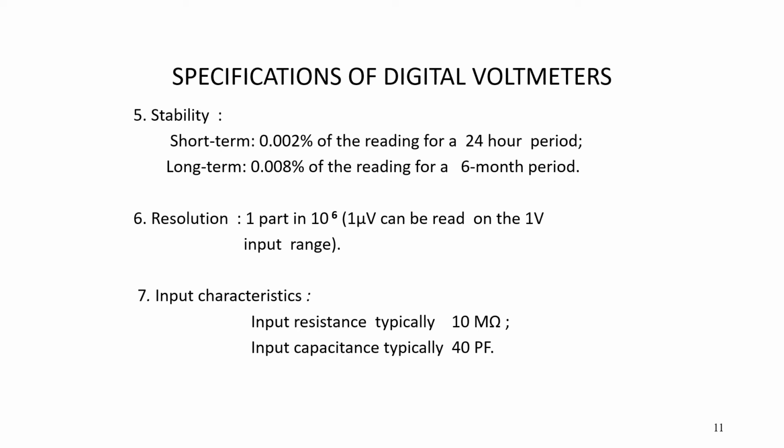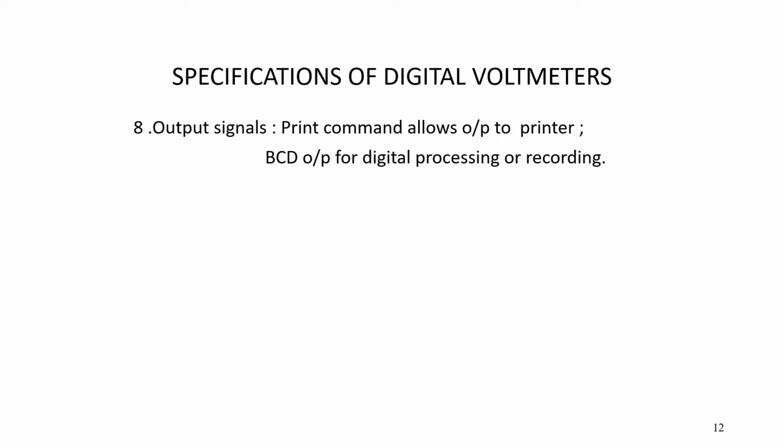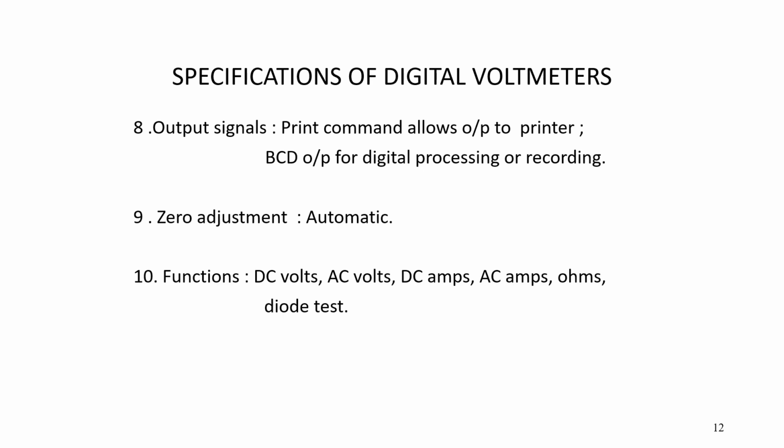The input characteristics: input resistance is typically 10 megaohms and input capacitance is 40 picofarads. The output signals: the print command allows output to a printer, and BCD output for digital processing or recording. Zero adjustment is automatic. When no signals are connected to be measured, the output is shown as 0, automatically.